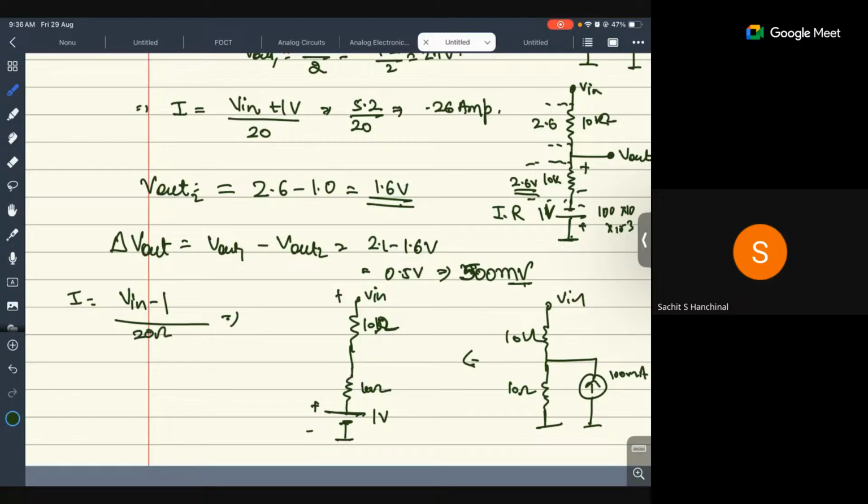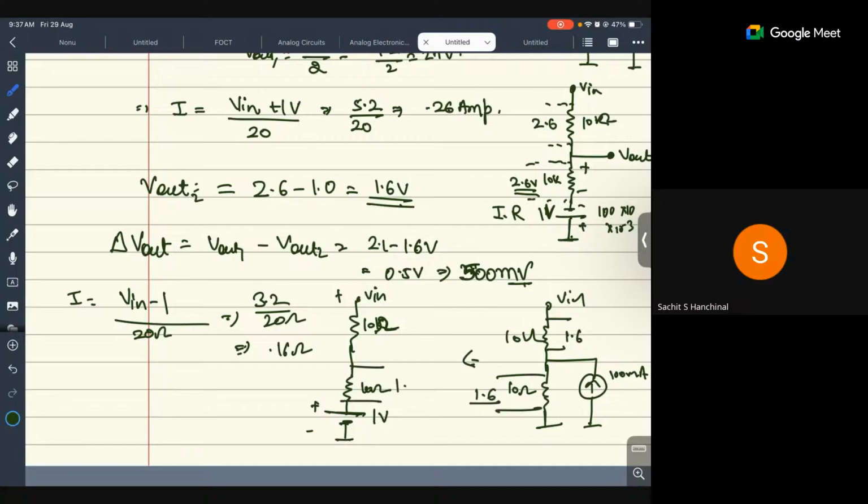So that is 4.2 minus 1, 3.2 divided by 20 ohm, so that is 0.16. Okay, so here the drop is 1.6, here the drop is 1.6.